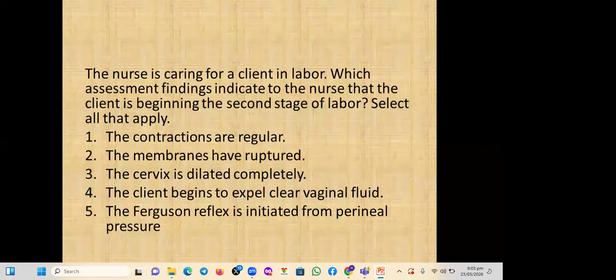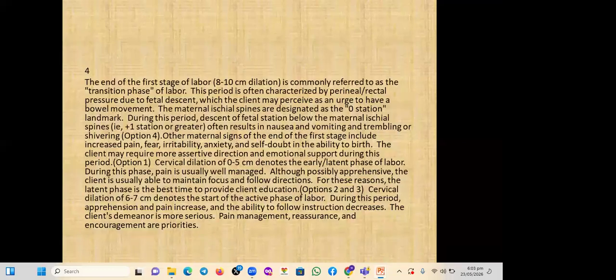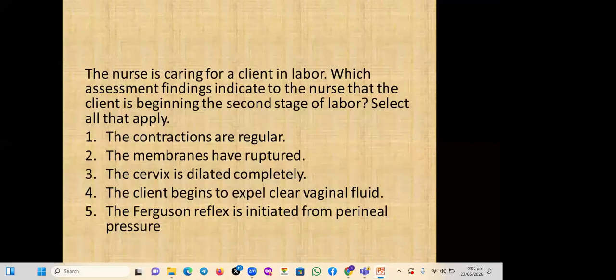The nurse is caring for a client in labor. Which assessment findings indicate to the nurse that the client is beginning the second stage of labor? Listen, read the question very well.